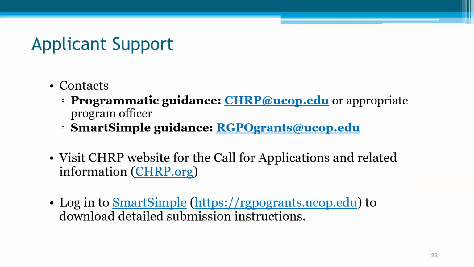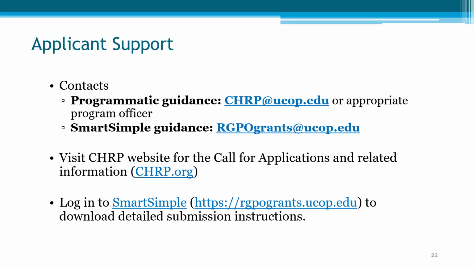For additional applicant support, you may contact the program for programmatic guidance at chrp@ucop.edu or the appropriate program officer as listed on their website. Or for SmartSimple guidance, you can contact RGPO grants at ucop.edu to reach a member of the Contracts and Grants pre-award team.